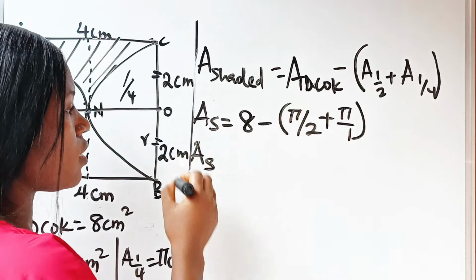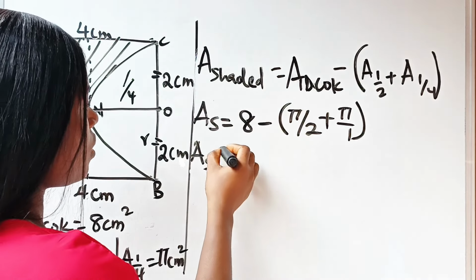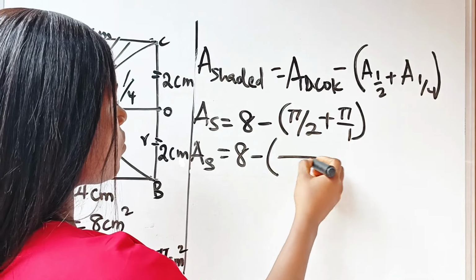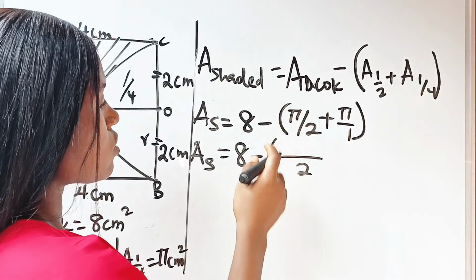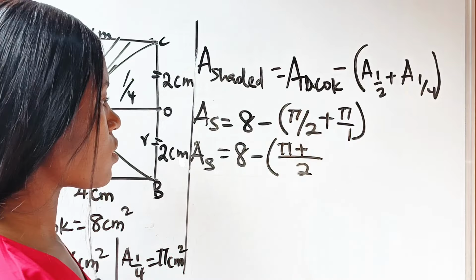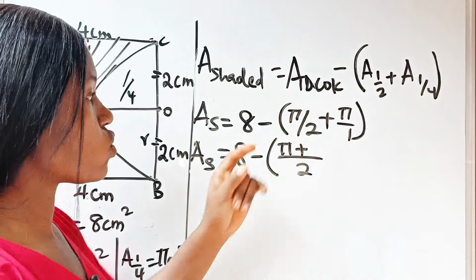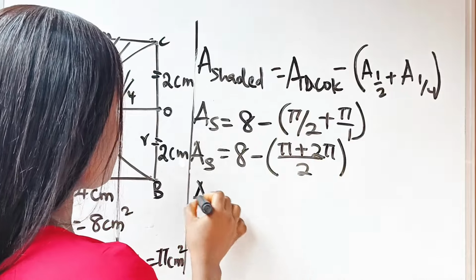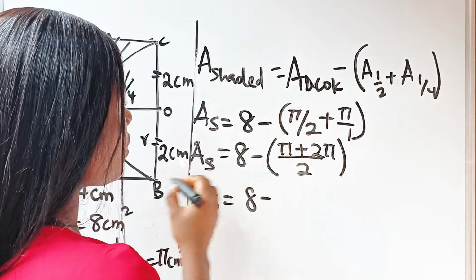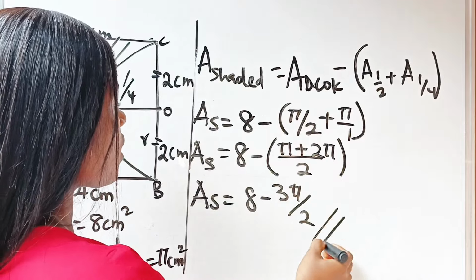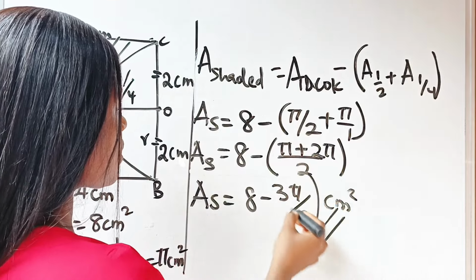So area of the shaded portion will be equal to 8 minus, now the LCM is 2. 2 divides 2 is 1, 1 times pi is pi. Plus, 1 divides 2 is 2, 2 times pi is 2 pi. So area of the shaded portion is 8 minus 3 pi divided by 2 centimeter squared.